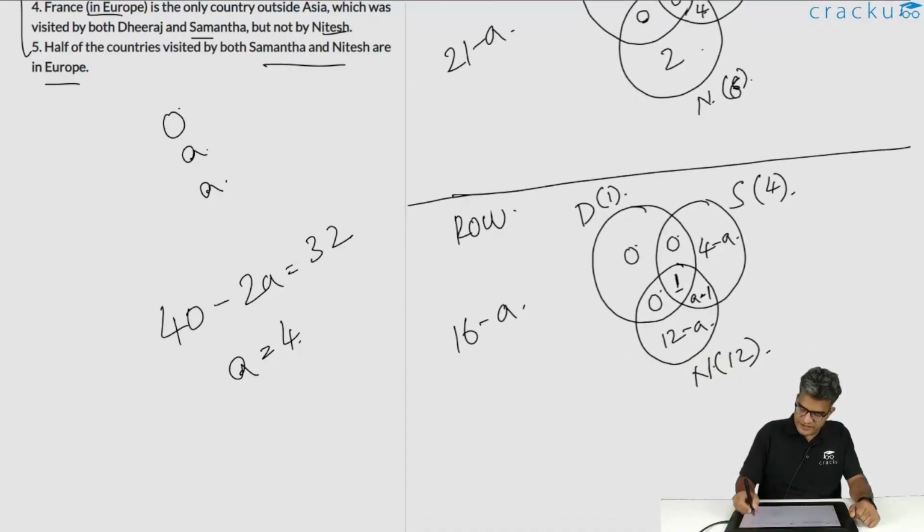Similarly over here, 4 minus A will be 0. A minus 1 is 3. 12 minus A is 8.